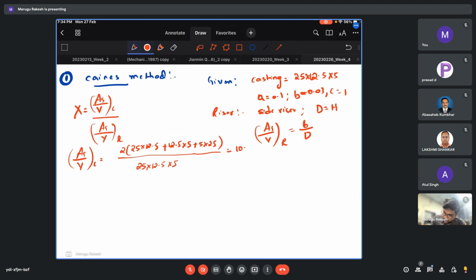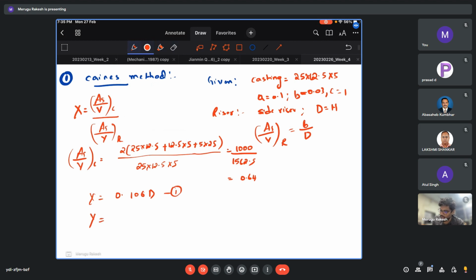So 0.64. So therefore X is nothing but 0.106 D. This is equation 1.